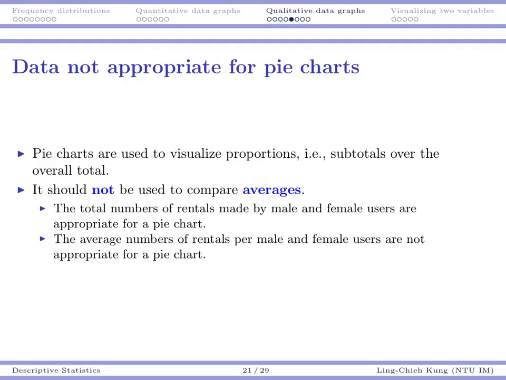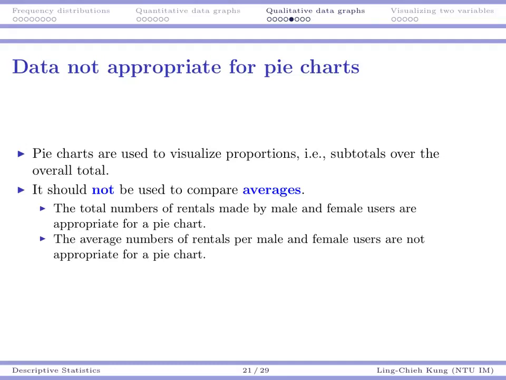That's reasonable. But if we have two numbers which are the average numbers of rentals per male and per female user, then the two numbers are not appropriate for a pie chart. If you depict them on a pie chart as two slices, it's just not something that we should do with a pie chart, because pie charts are used to visualize proportions, not to compare averages.